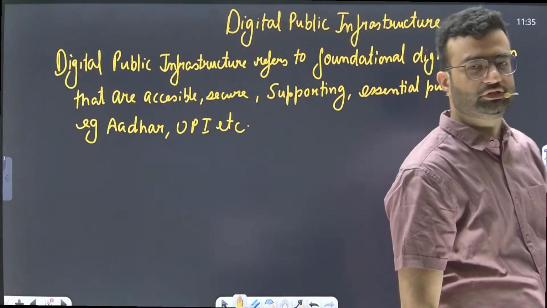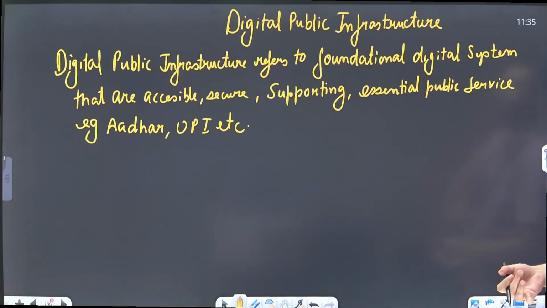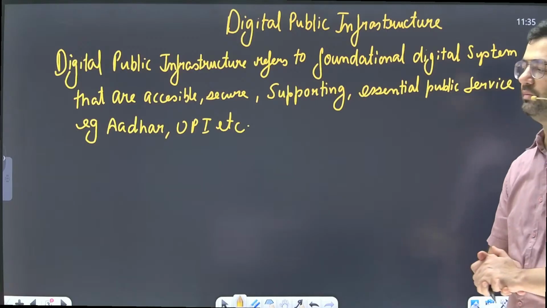It refers to foundational digital systems that are accessible, secure, supporting essential public services, example Aadhaar, UPI, etc. This is the meaning of digital public infrastructure.